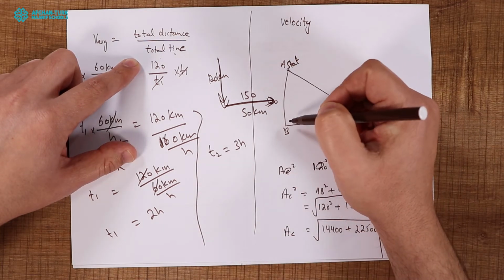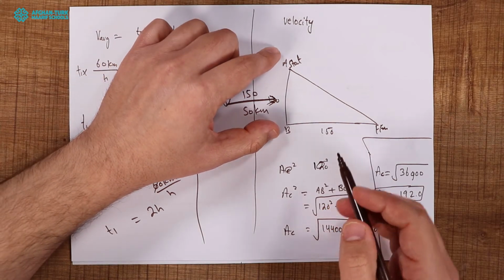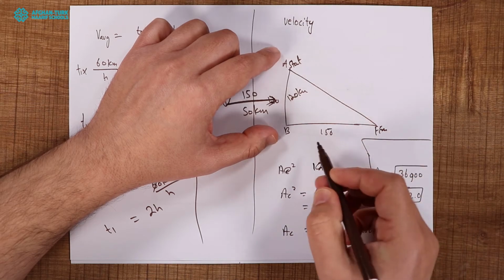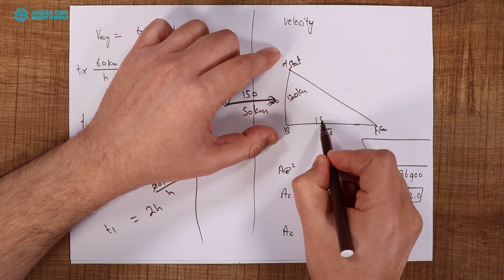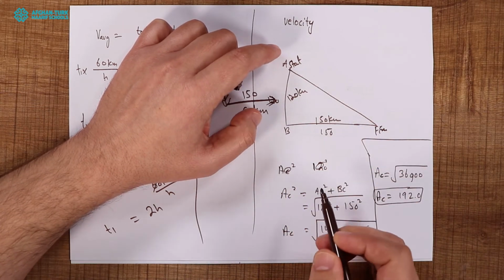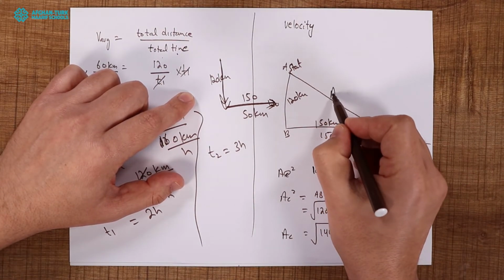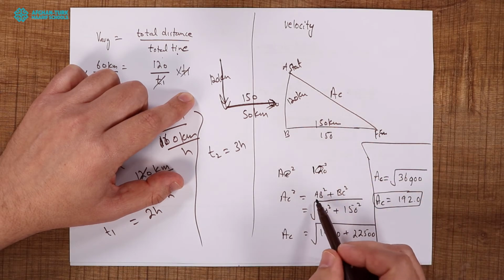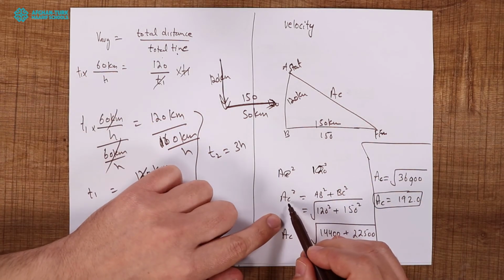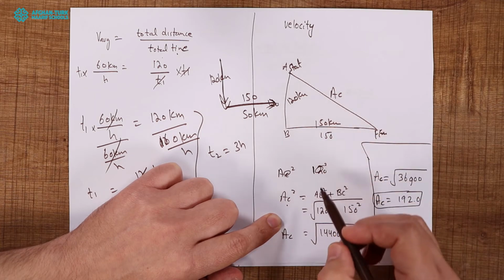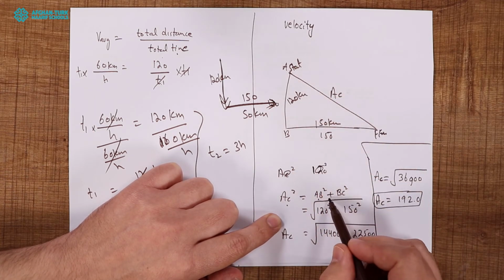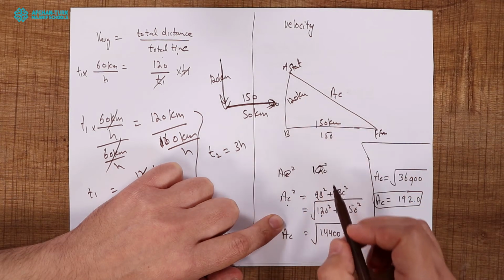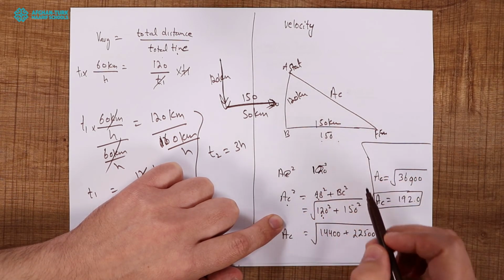Now if we see here, how much distance was the AB side? 120 kilometers. BC side, 150 kilometers. Now this AC side is unknown, so to find the AC side we will use the Pythagorean theorem. AC squared is equal to AB squared plus BC squared. Now AB is 120 and this one is 150.